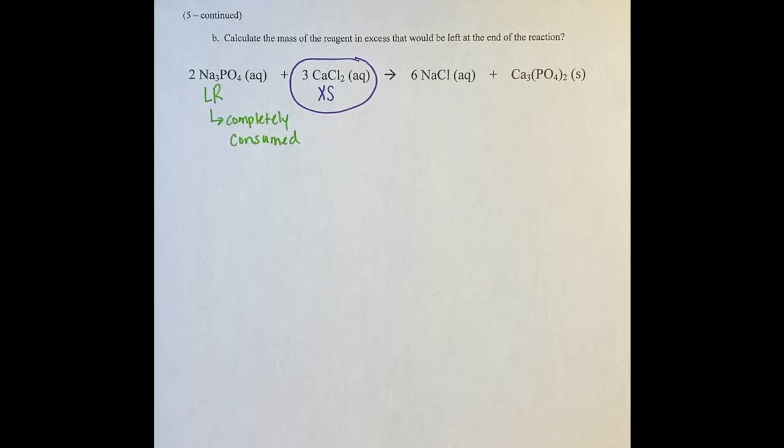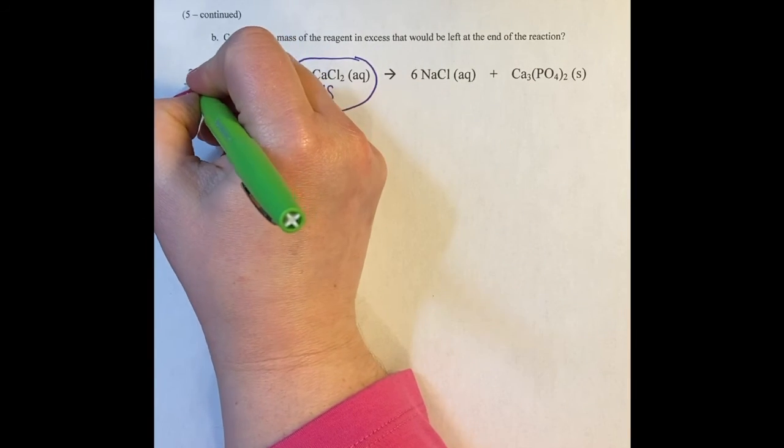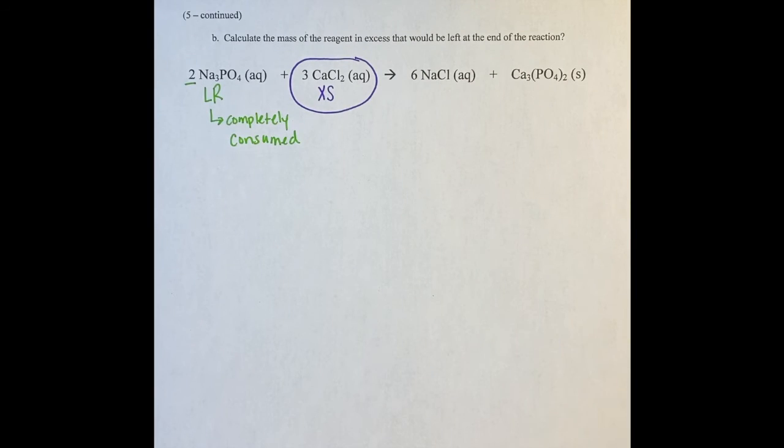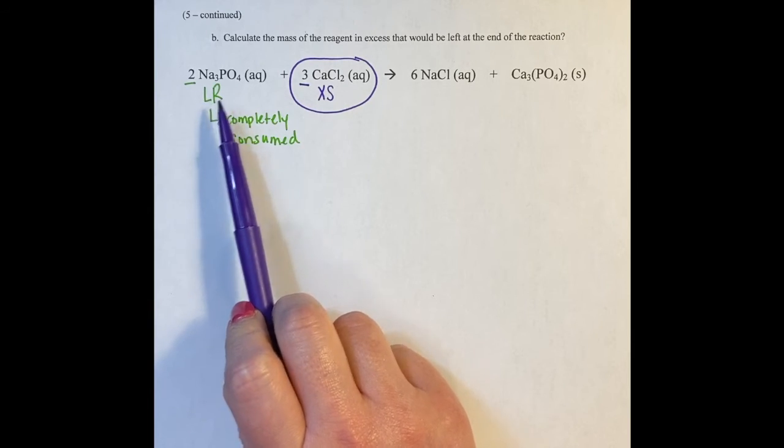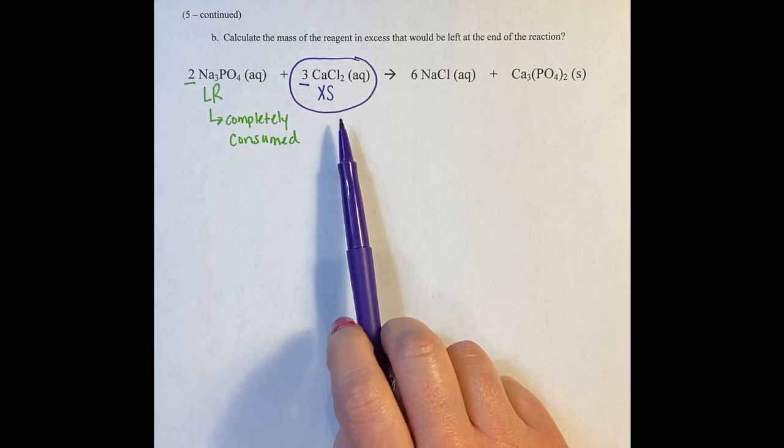What we know from the balanced chemical equation is that for every 2 moles of sodium phosphate that reacts, 3 moles of calcium chloride reacted. So based on that, because our sodium phosphate was our limiting reagent, we know how much of that reacted during the course of the reaction. What we're looking for is how much calcium chloride reacted.